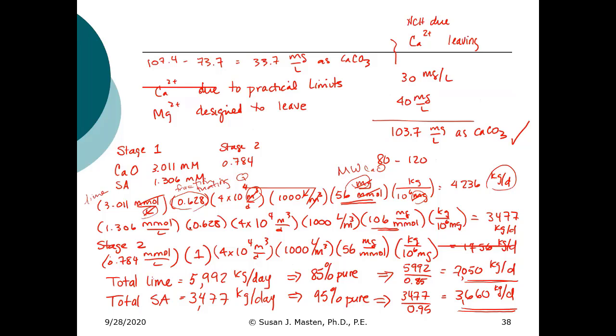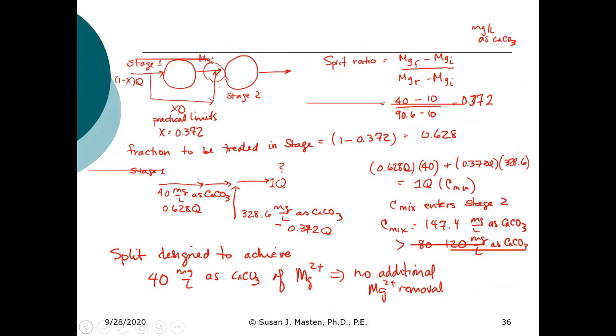Also, the first thing that we started with, that split ratio, can you go to that again? I missed what a couple of them stood for. Like the Mg-I is the initial, I got that. What's the F and the R? So the F is the finished water. Typically we design the split ratio so that we have about 40 milligrams per liter of magnesium in our finished water.